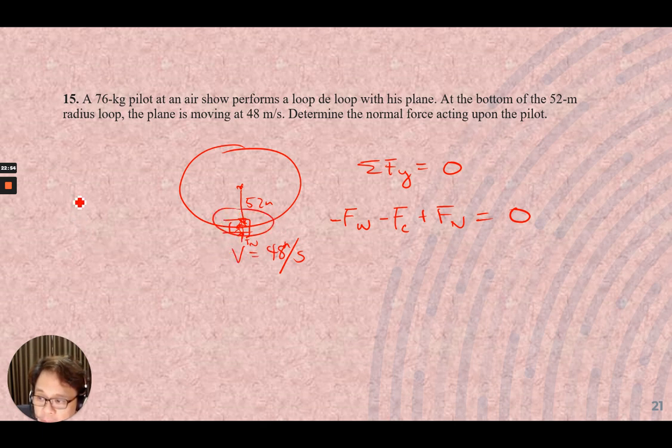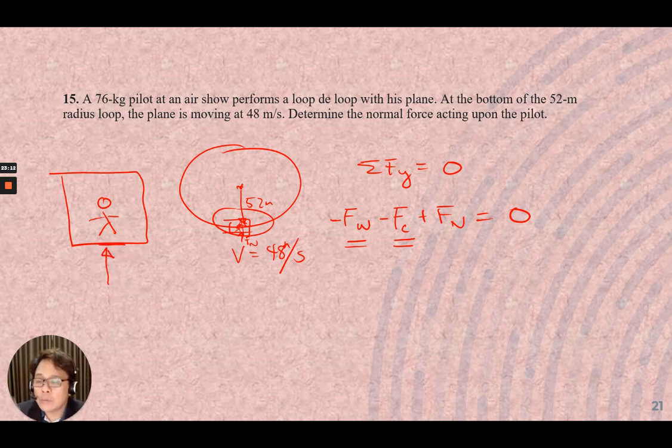So let's magnify this. So the person is on the plane. Because of the centripetal force, you have that F sub c here. Because of the weight, you have this Fw. And then the plane's floor or seats will have to exert a force upward to keep the person in place.